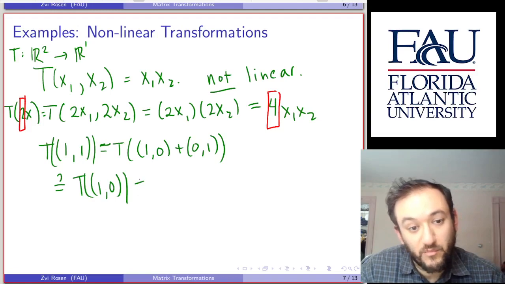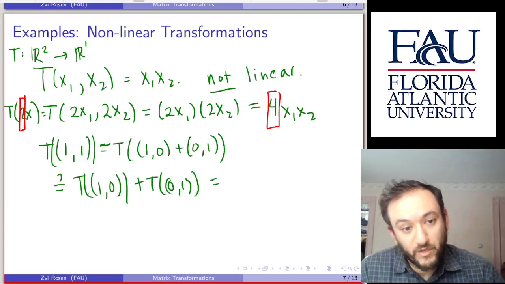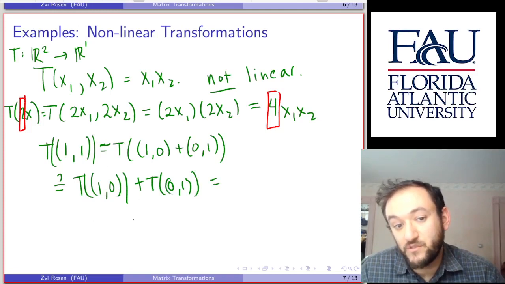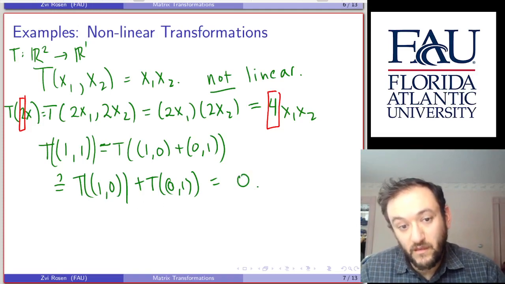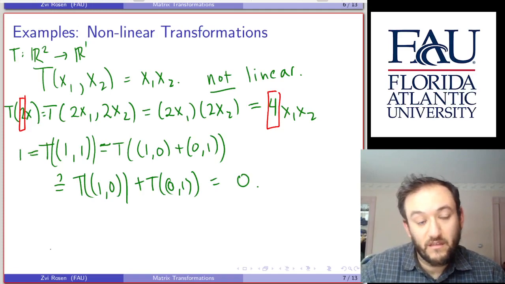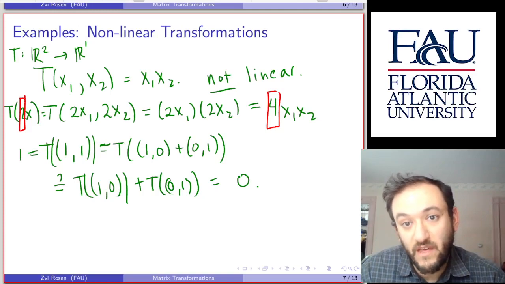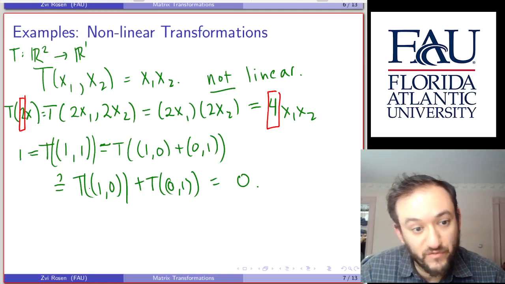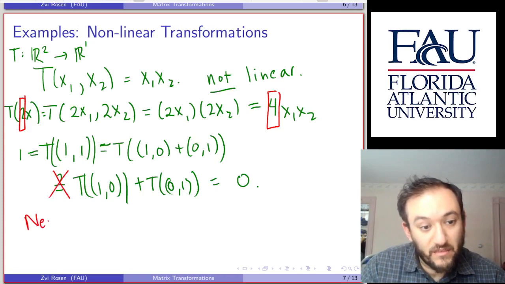T of 1, 0 plus T of 0, 1. But when you plug this into the function, you multiply those two coordinates together, and both of these are going to be 0. However, if I were to evaluate the function from the start, that would be 1, because you multiply the coordinates together and you would get 1. So the other aspect of linearity also fails there. This must not be equal. So neither property of linearity holds.